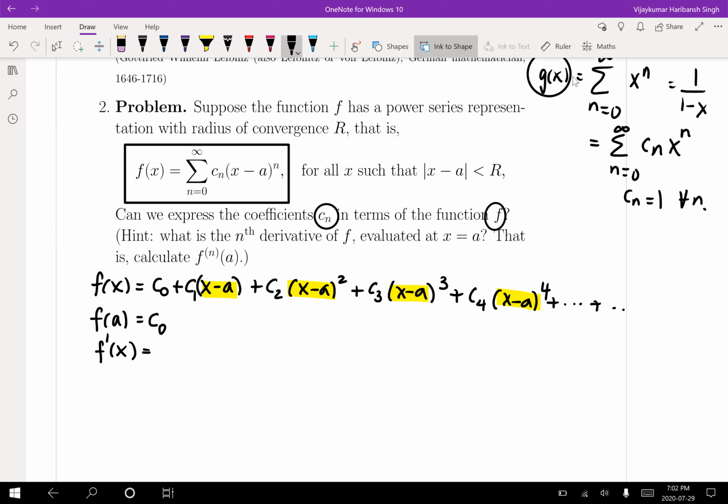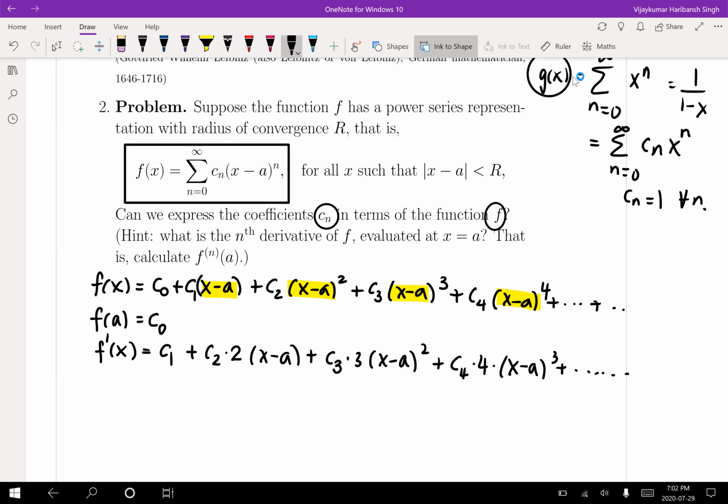We get c1 plus c2 times 2 times x minus a plus c3 times 3 times x minus a squared, c4 times 4 times x minus a cubed, and all the higher terms. These terms have x minus a in them as a factor, right?